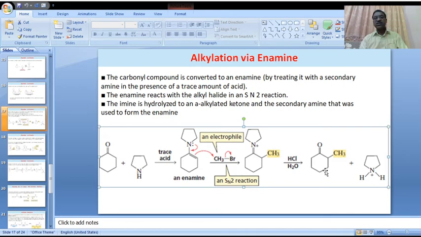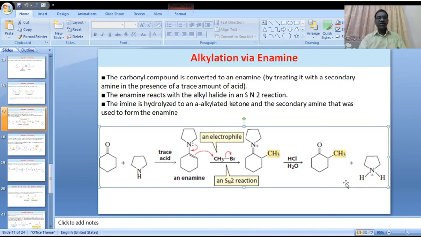After hydrolysis we get the alpha alkylated ketone and the secondary amine, the secondary amine that was used to form the enamine.